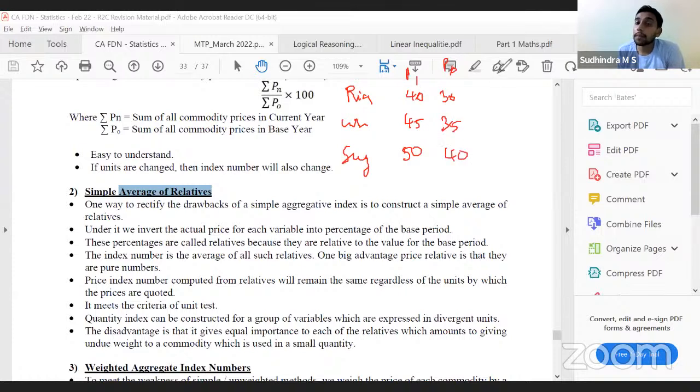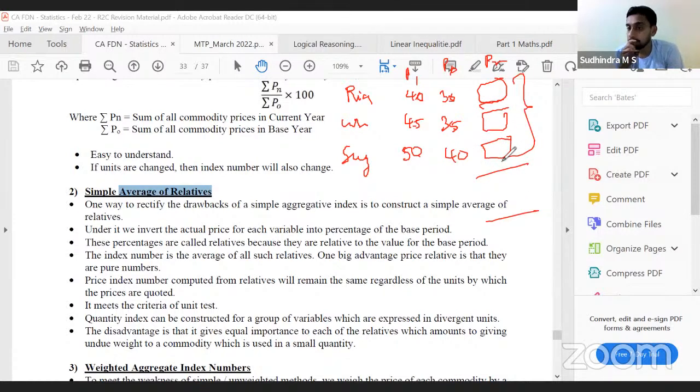We calculate price relatives for each: 40 divided by 30 into 100, 45 divided by 35 into 100, 50 divided by 40 into 100. Then we calculate the average of these price relatives. So obviously, if there is a change in units, the index number will not change. Even if you consider 1 kg or 100 kg, the index number will remain the same.